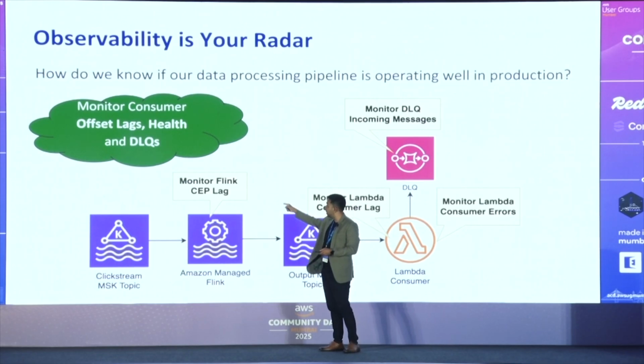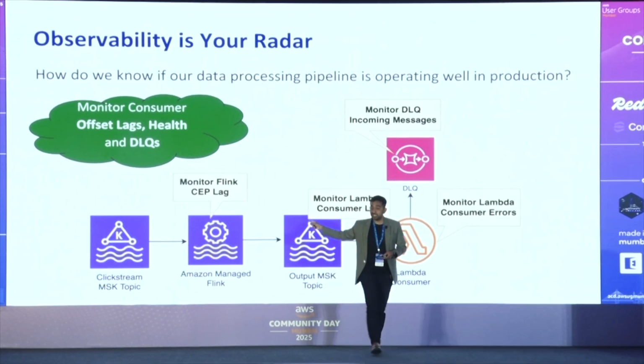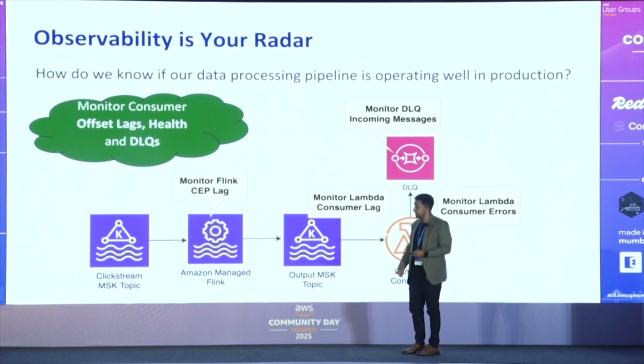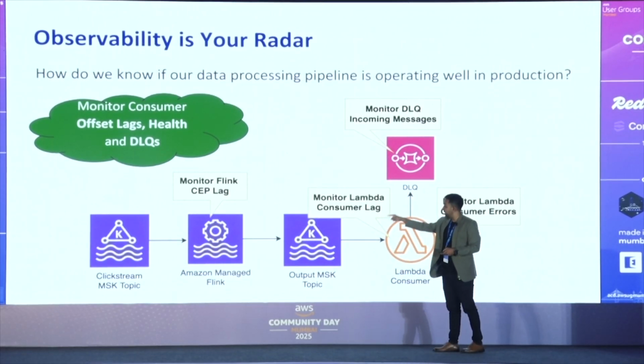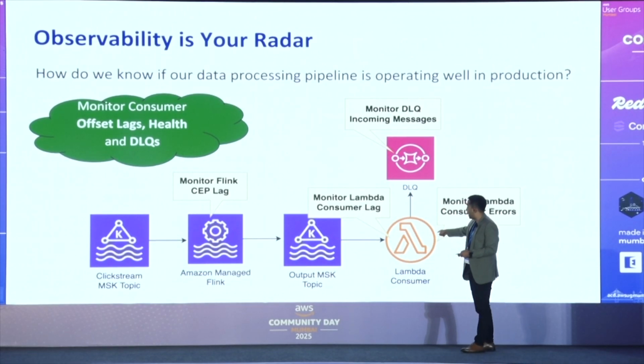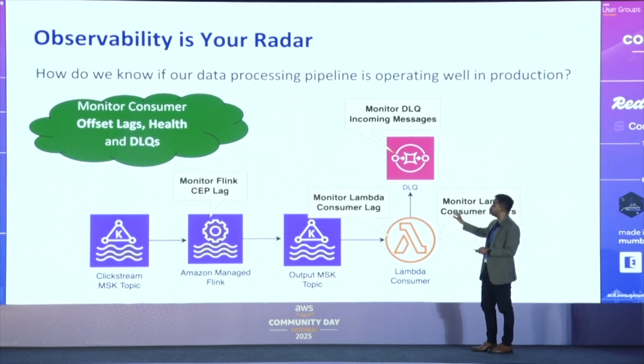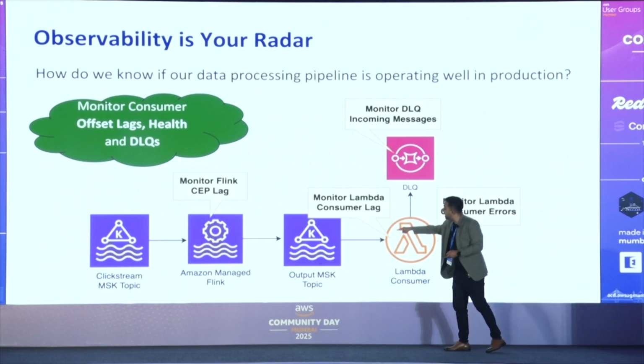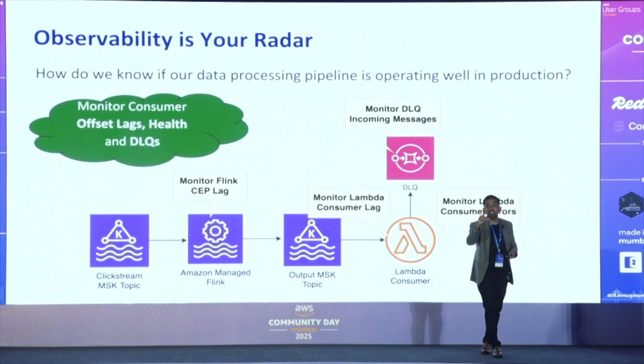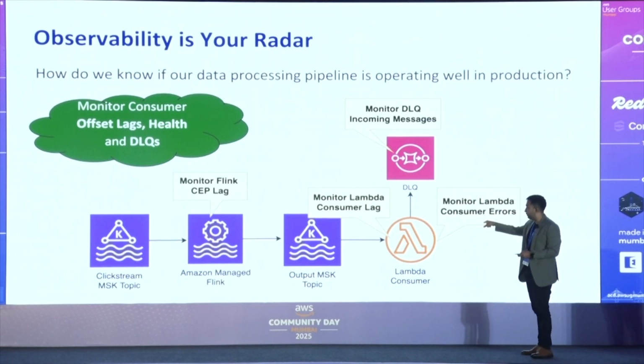So how do you monitor it? You have to think about the consumer lag or the offset lag for that Amazon Flink. Similarly, once Amazon Flink pushes to the output topic, if the Lambda can't process the same throughput, a lag will build up here. So you need to have the consumer or offset lag for the Lambda as well.